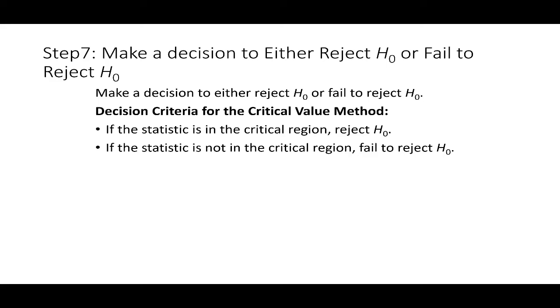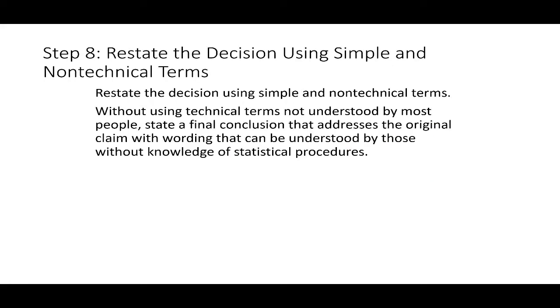The same goes for the critical value. If the test statistic is in the critical region, then we reject the null hypothesis. If the test statistic is not in the critical region, then we fail to reject the null hypothesis. So that's how we reject or fail to reject the null hypothesis.